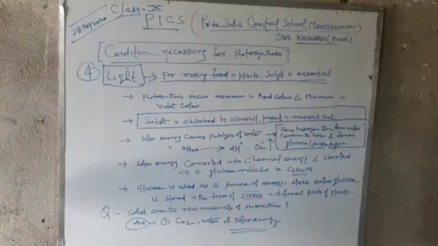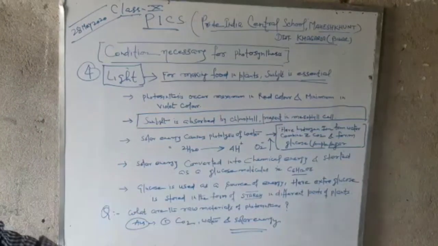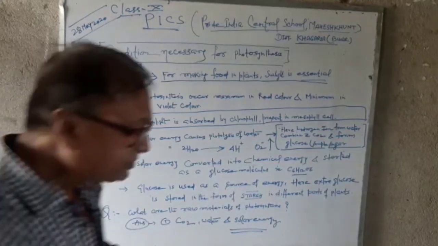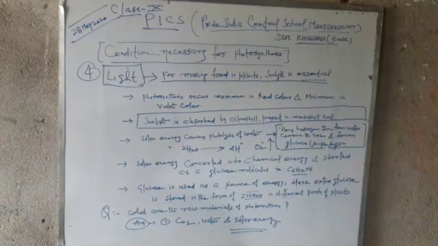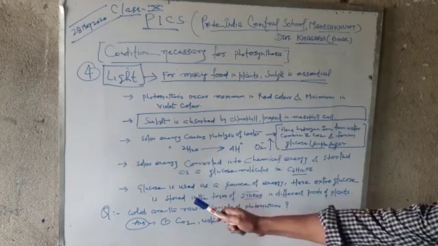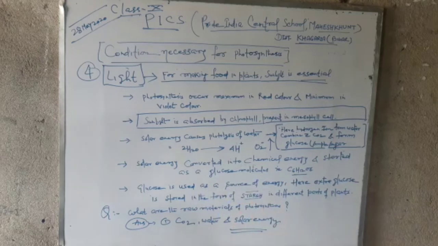Now this glucose is used as a source of energy. What is glucose? Glucose is the source of energy. It gives us energy. The extra glucose is stored in the form of starch.